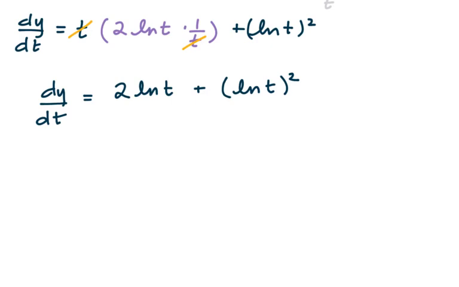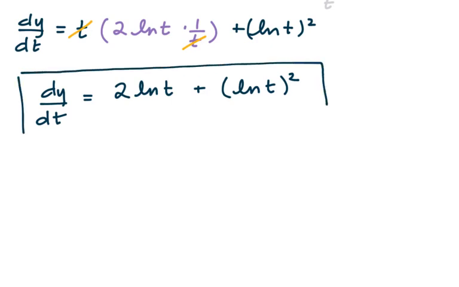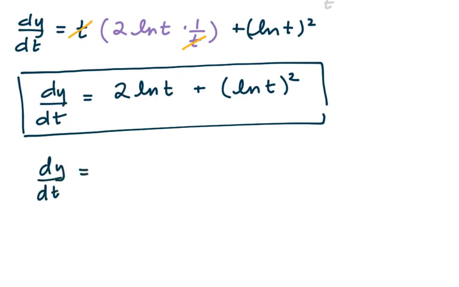As we always talk about factoring, we can factor a GCF here. I think what I've put in the box is fine, but you could take it one step further. Since both of my two terms have a natural log of t, I could write that as natural log of t times 2 plus the natural log of t.